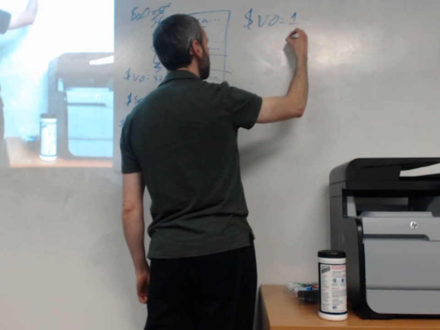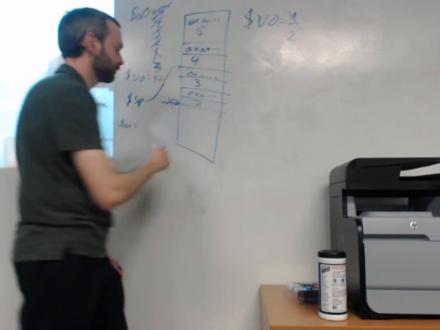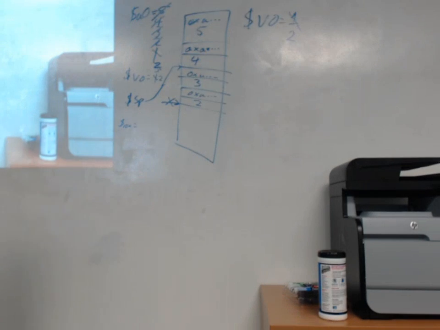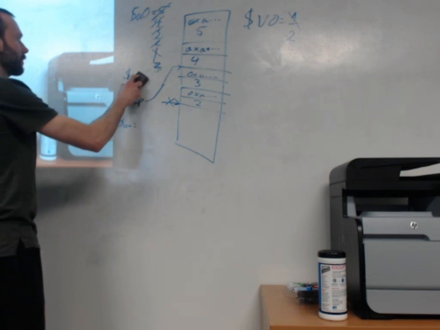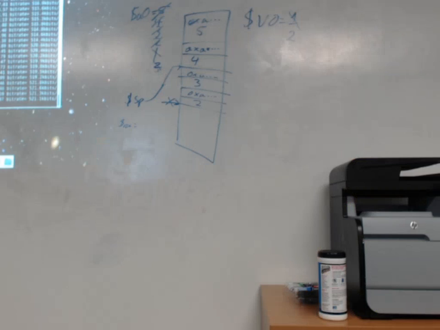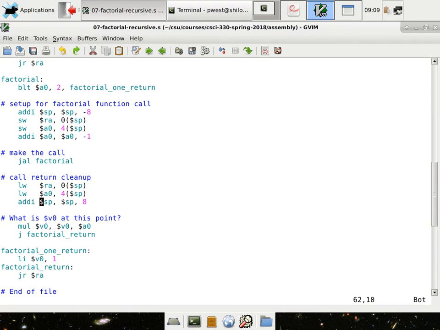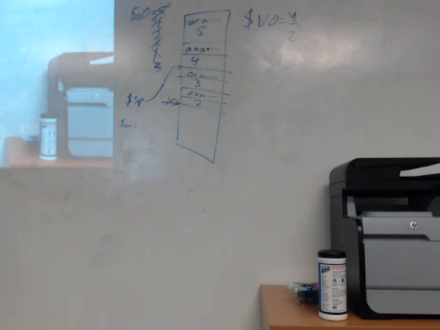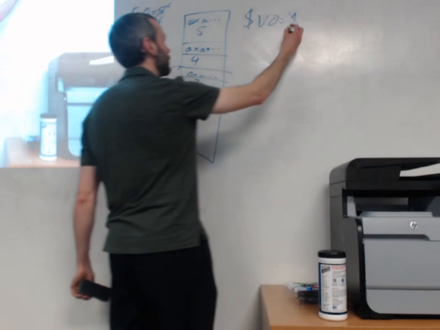We had it at 1, then it became 2. Let's see, update the stack pointer. Now we're going to do the multiplication of V0 and A0. So A0 is 3, V0 is 2, so that would give us 6.